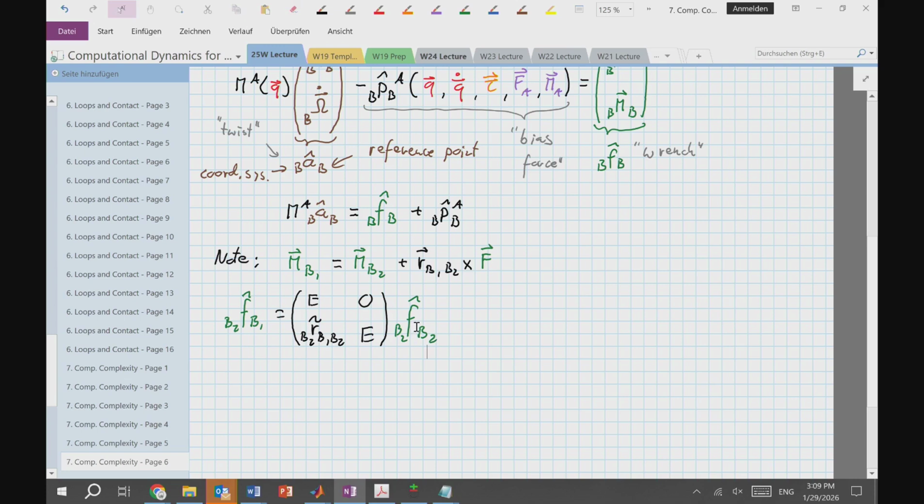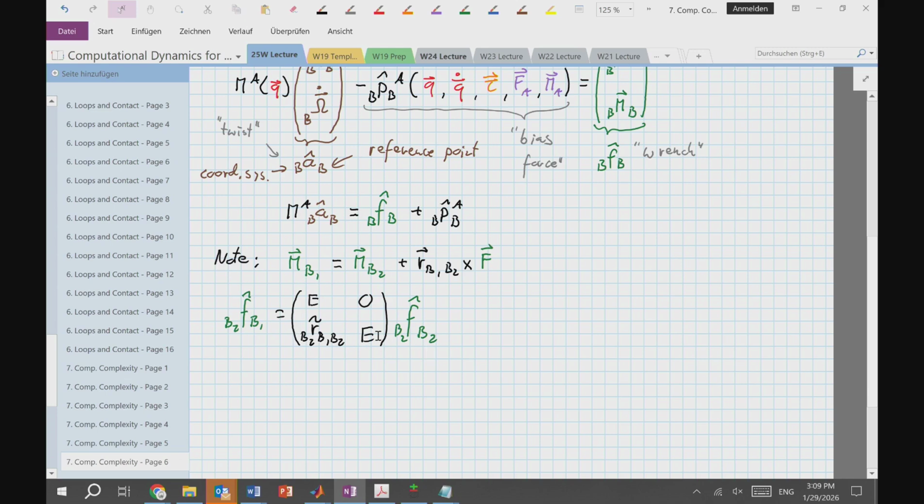And you see that what I say here is basically, if I change my reference point, the force effect is going to be the same, but that force is going to create a moment. So if I have a different reference point, I have to take that into account. And I can write this as a linear transformation.